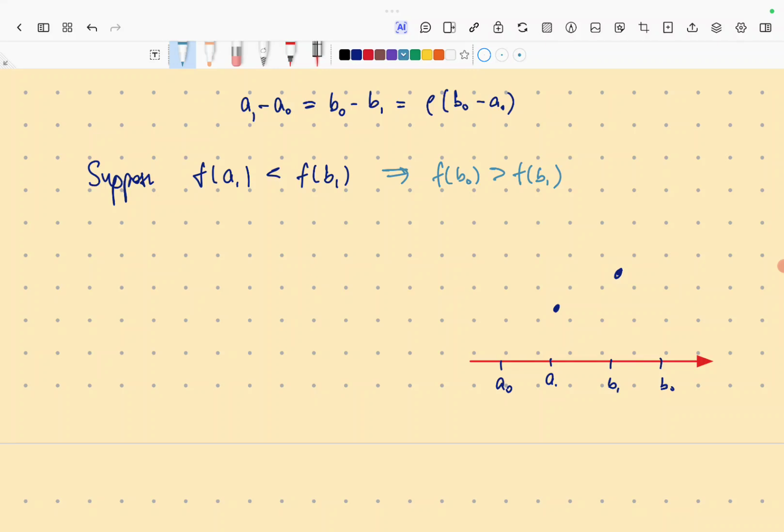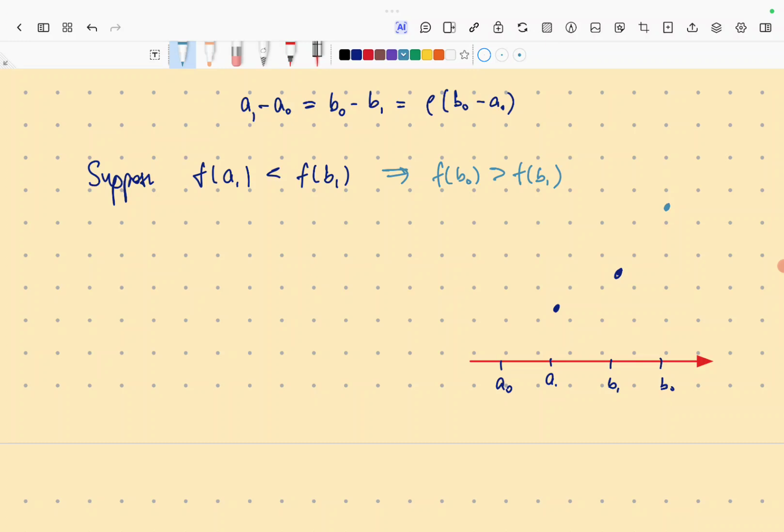Because otherwise, if f of B0 was less than f of B1, that can't happen because I've assumed that the function is monotone, that essentially there is only one point of minimum, and the function has no maximum in a sense between A0 to B0. So this condition can never happen, and therefore f of B0 should be somewhere above f of B1.